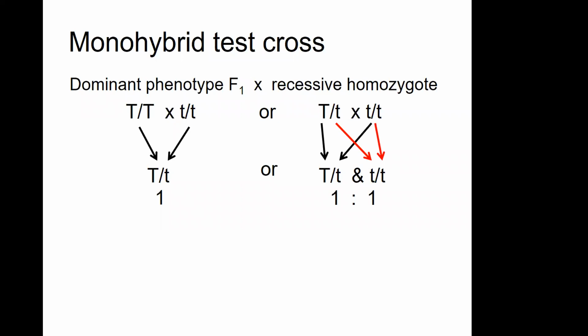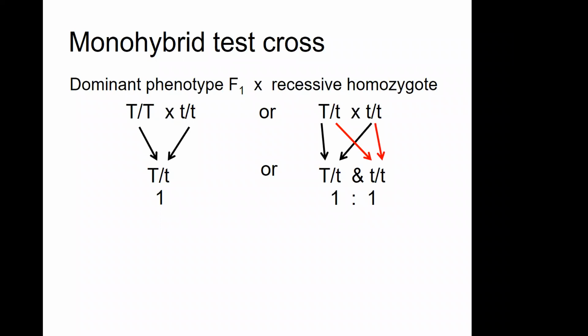Add that up. 3. And how many out of 3 can be heterozygous? 2 out of 3. So 2 out of 3 times you should get half tall and 1/2 short. Right? And how many could be homozygous? 1 out of 3. So 1/3 of the time you should get all tall.